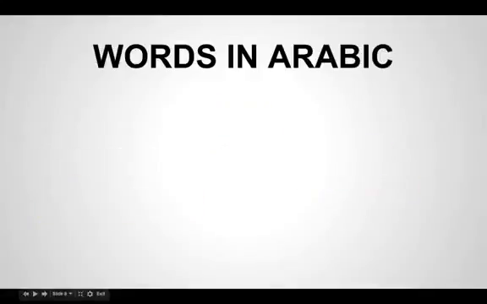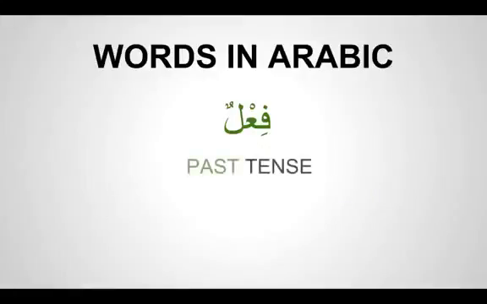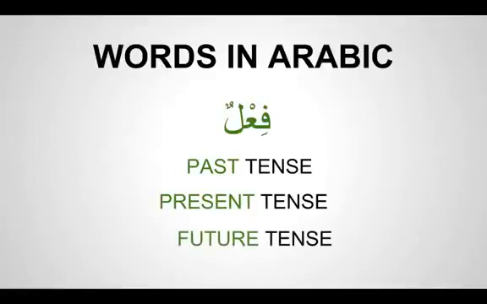Coming to fi'al. So what is a fi'al? In English we call it a verb, or something which describes an action. In Arabic, how do we recognize this word? It is a word in which a tense is attached to it. What is a tense? Past tense, present tense, and you guessed it, the next one is future tense.